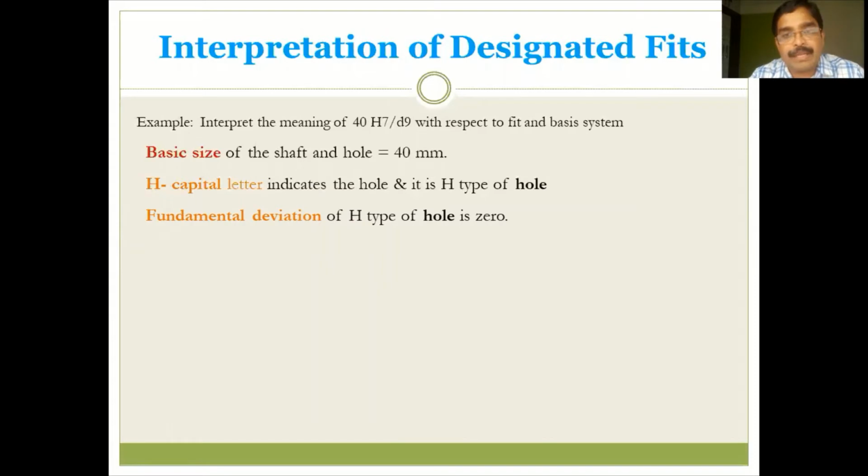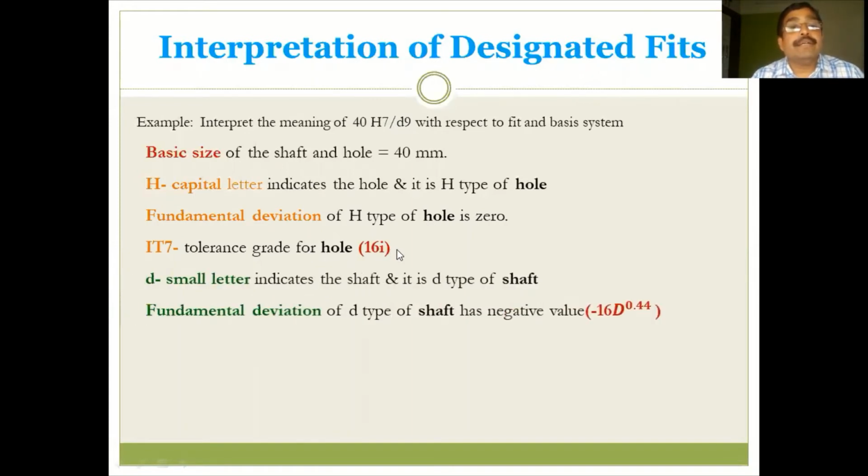I already told you in the previous slide that the lower limit of that hole lies on the zero line. That's why the value is 0 there. Then the H7: 7 is the tolerance grade for that hole, and its value is 16i.